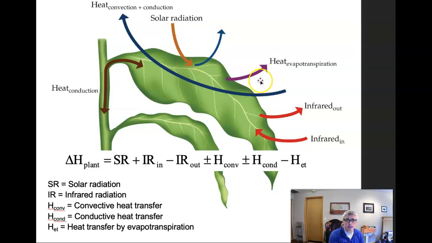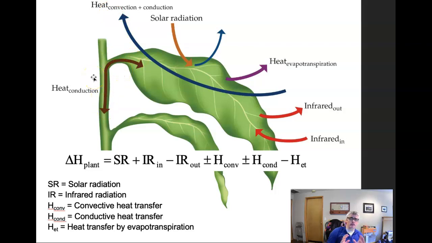There is heat loss through evapotranspiration. So water that's lost from the plant cools the plant. There's infrared energy coming in, and some of that is bouncing out or being released out. Some of that's through the photosystem, some of that's through chlorophyll. And then we have heat convection and conduction, and then heat conduction to the rest of the plant.